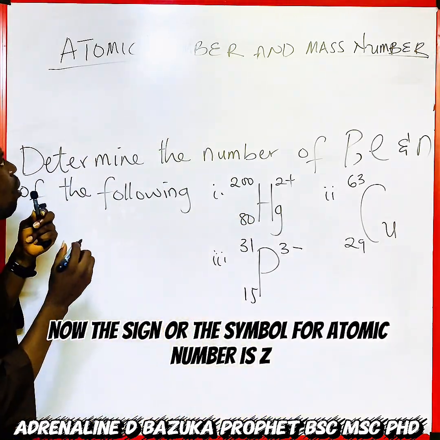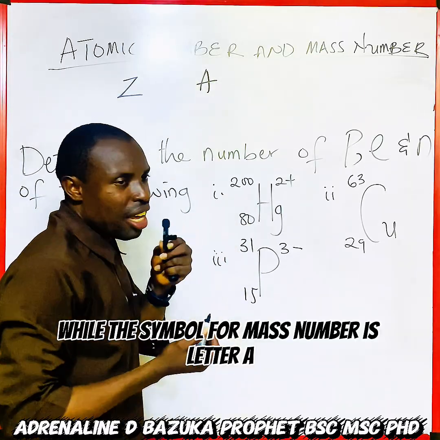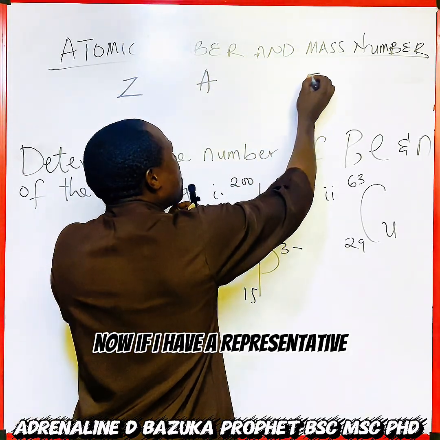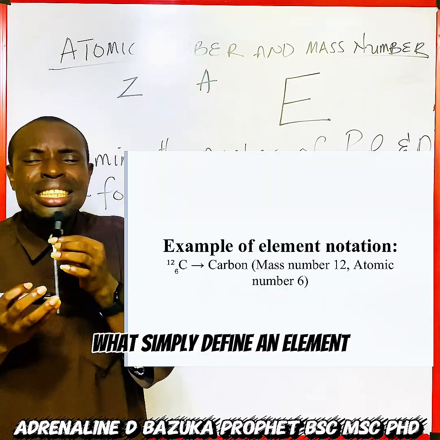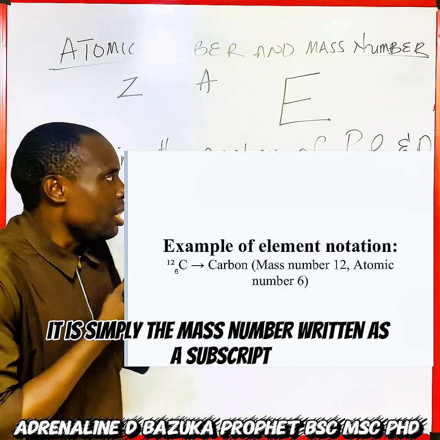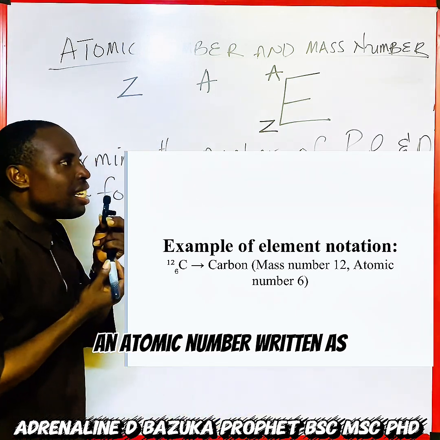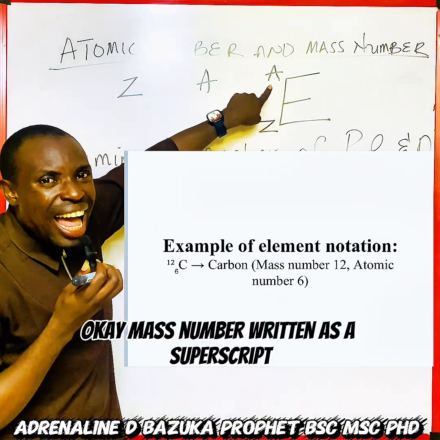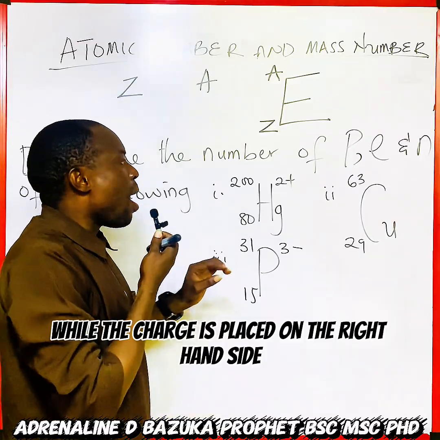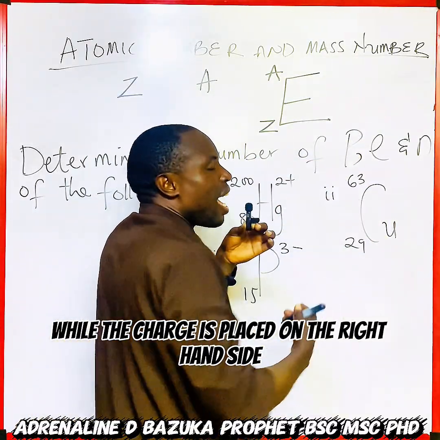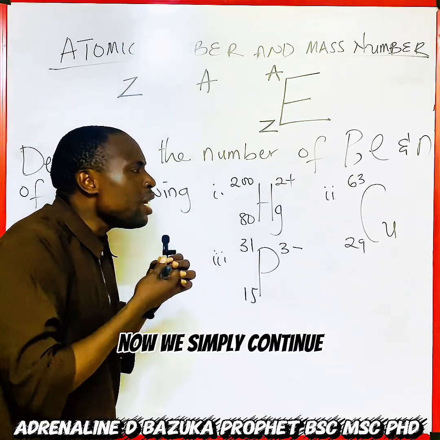The symbol for atomic number is Z, while the symbol for mass number is letter A. If I represent an element E, it is simply the mass number written as a superscript and atomic number written as a subscript, while the charge is placed on the right hand side and at the top specifically.